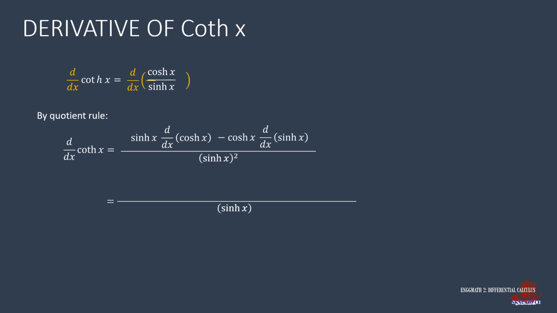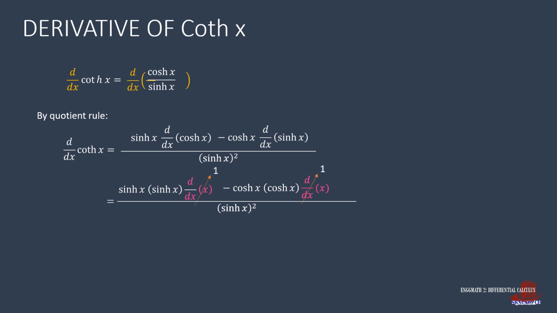This then can be processed as hyperbolic sine with another hyperbolic sine, then attach dx over dx. The second term starts with hyperbolic cosine with another hyperbolic cosine, then also attach dx over dx.